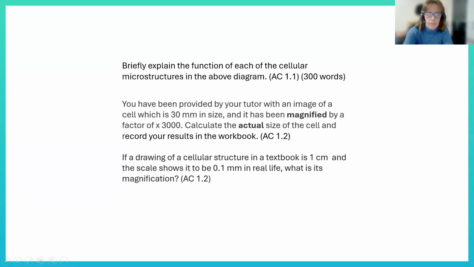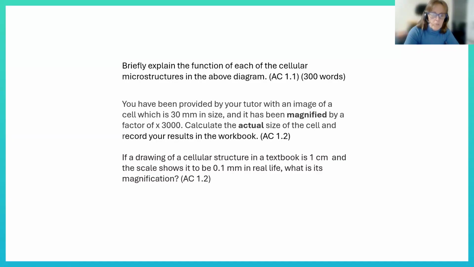Okay, so I think where we're up to now is we have done enough to answer some of the bits of your assessment, which you'll be learning about in tutorial. You should be able to explain the microstructures in the diagram that you'll be given.